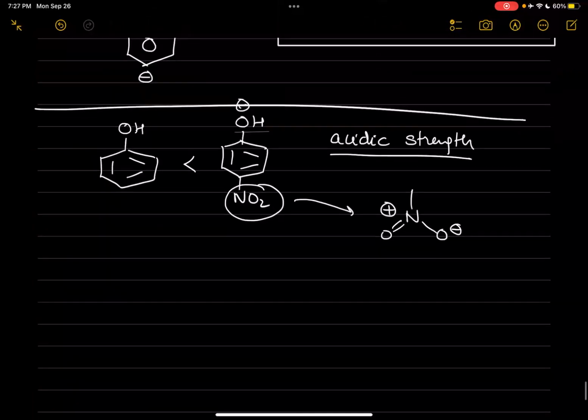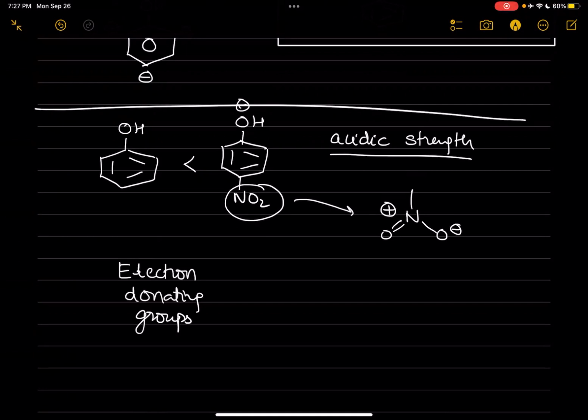Is it clear? So I will give you a trick that is applicable for all the acidic and basic strength for all the upcoming chapters. If you have electron donating groups, EDG, the acidic strength decreases.